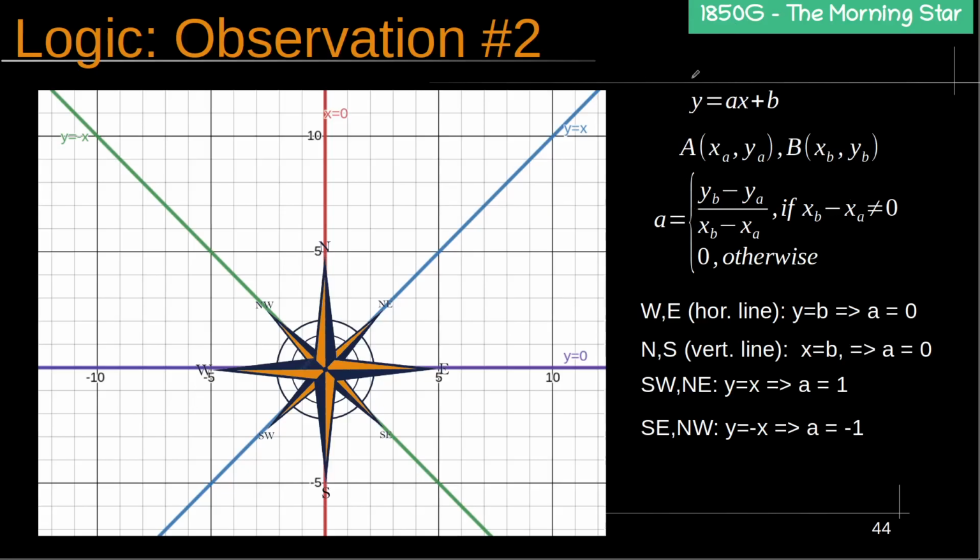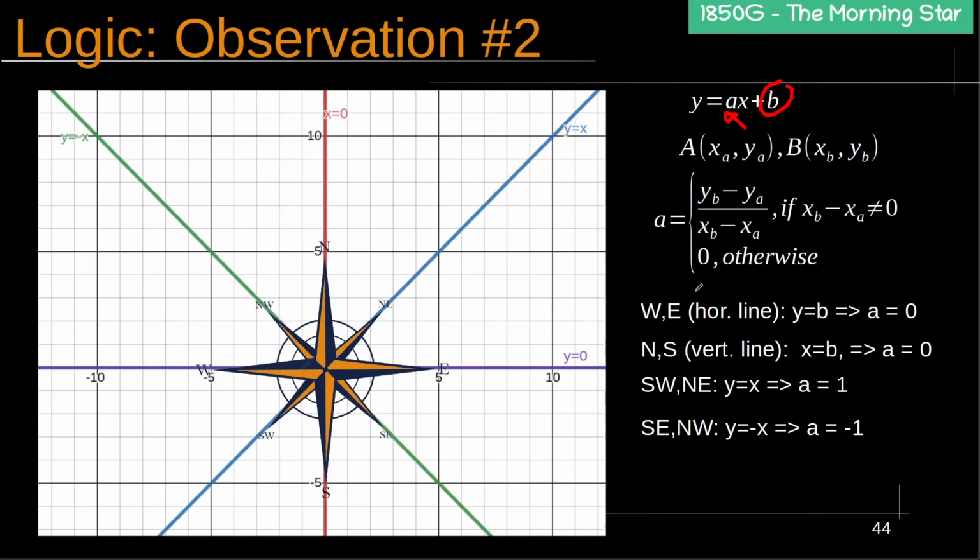If I know the coordinates of the 2 points A and B, I can compute the slope, which is a constant. The slope is yb minus ya over xb minus xa, if xb minus xa is different from 0, otherwise equal to 0.